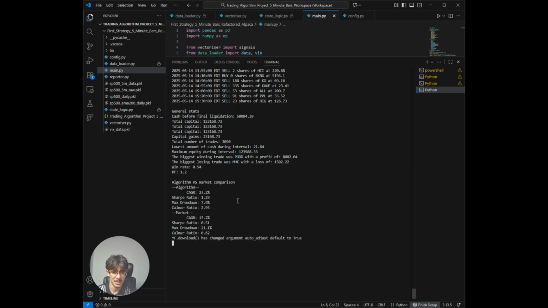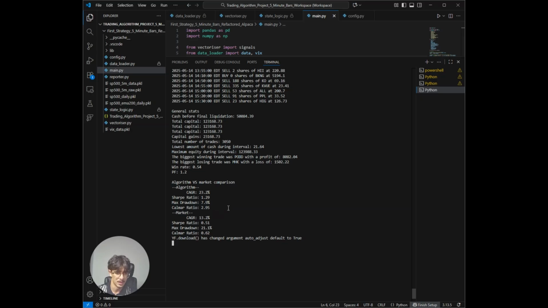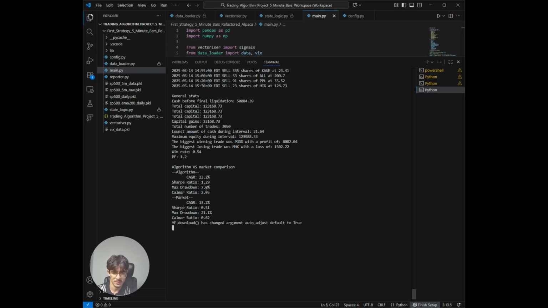The second section here compares the algorithm's performance against the S&P 500. The algorithm achieved a compound annual growth rate of 23.2% compared to the 13.2% of the S&P 500. That means that the strategy grew nearly twice as fast as the market on an annualized basis.